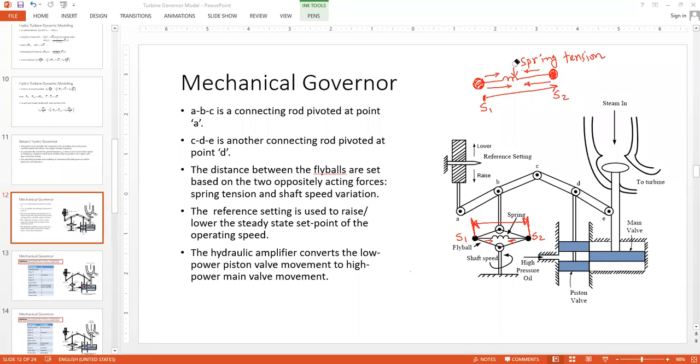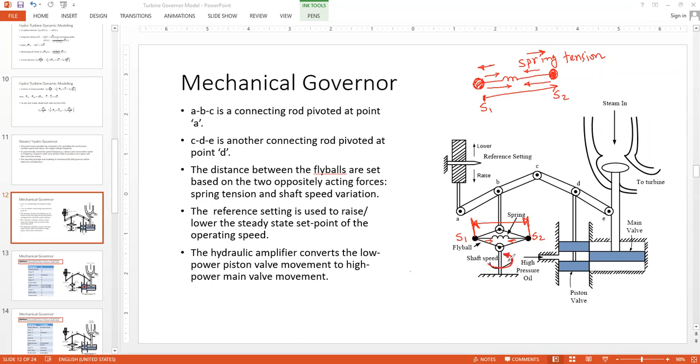Very good. But why are they not actually coming close to each other? There should be some other force acting in the reverse direction, pulling in this direction. What is that force? That force is the centrifugal force due to the shaft speed.